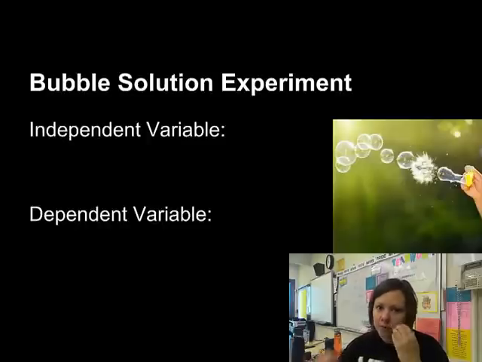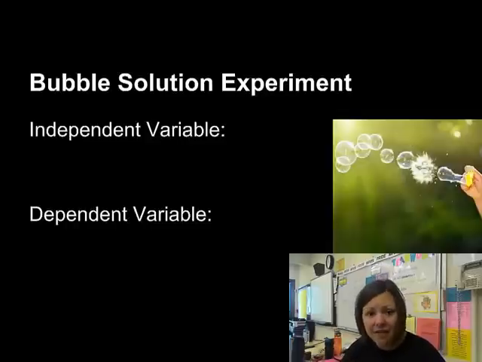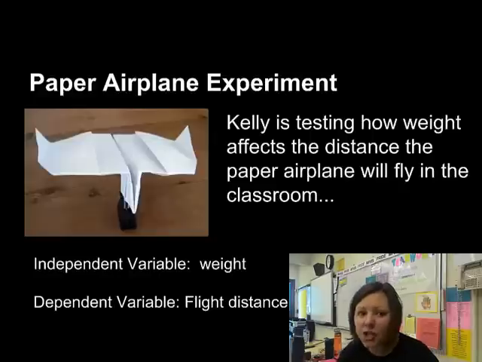He'd have to blow the same way, and make sure the wand is the same distance from his mouth. He has a lot of variables he'd have to keep the same, but if he was able to control the experiment, we would have one independent variable, which was the variable he changed, the types of solutions, and then a dependent variable, which was counting the number of bubbles that would respond to that. Let's take a look at another example.